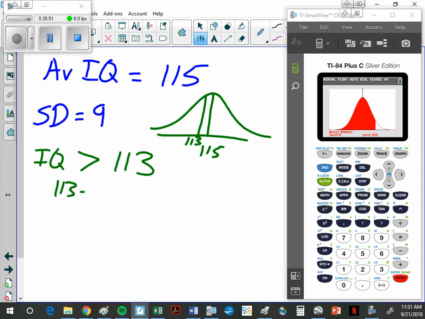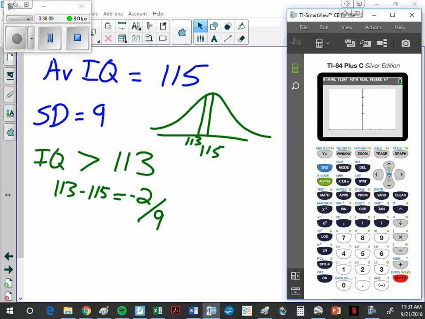So 113 minus 115 is -2, divide that by 9. I want to shade from -2/9 to 5, or 100, or infinity, whatever you want to put. Shade norm from, and the nice thing is you can just type in fractions right there, and it won't care.